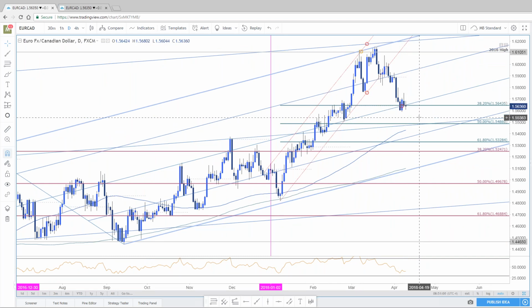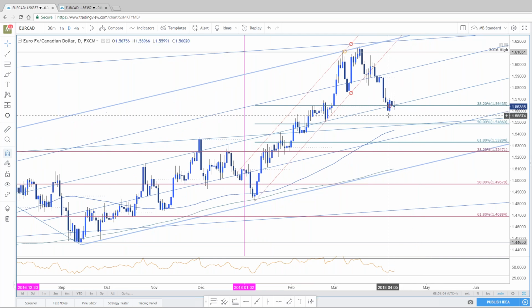Now, some things that are interesting here. Friday's outside day reversal close off of multi-week lows would typically be a constructive development in price, and you see this in pound CAD too.